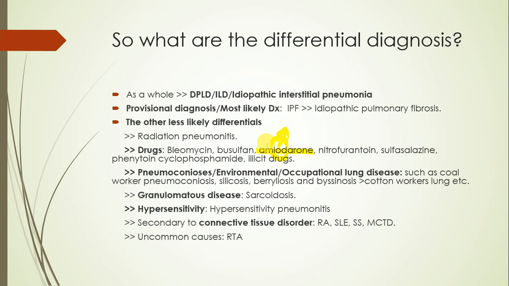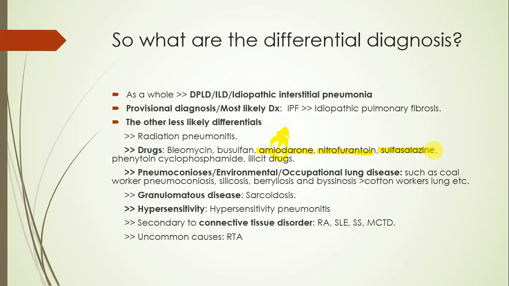Can you tell me what kind of drug amiodarone is? Yes, it's an antiarrhythmic drug. It has all the typical functions of almost all the groups. So it's a classic antiarrhythmic drug. Another important drug would be nitrofurantoin, which is commonly used as a treatment for UTI, especially in women.